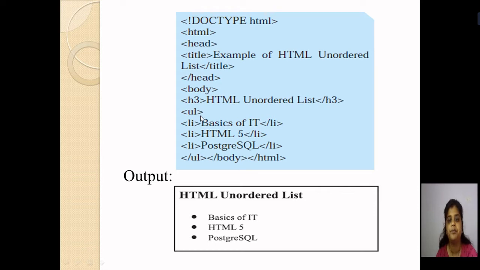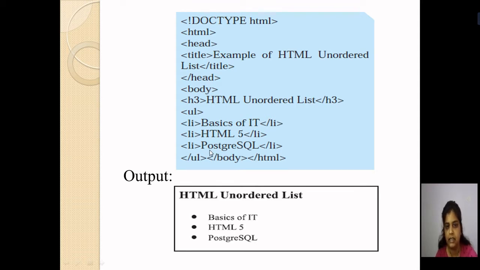The first item in my unordered list is Basics of IT. Basics of IT is the first list item of my unordered list. I have given my data, and after that I have closed my li tag. The first list item is completed, so my li tag is closed. This closing of the li tag is optional. The second list item is HTML5.